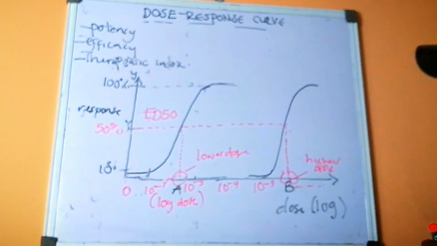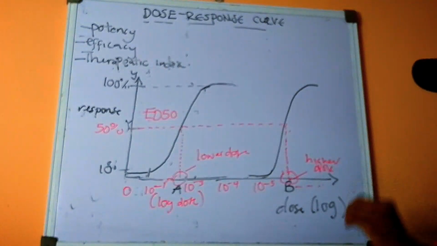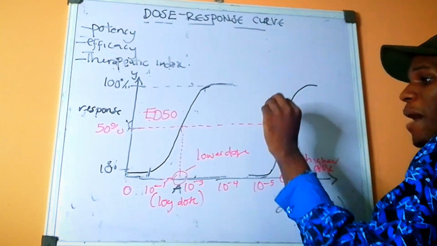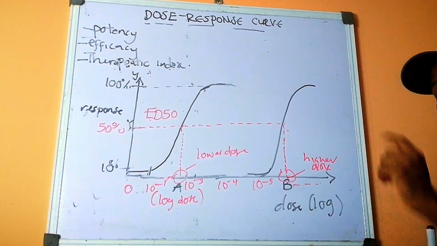So which of these drugs can you deduce is more potent? I say potency is the amount or concentration of the drug required to produce a given effective response.